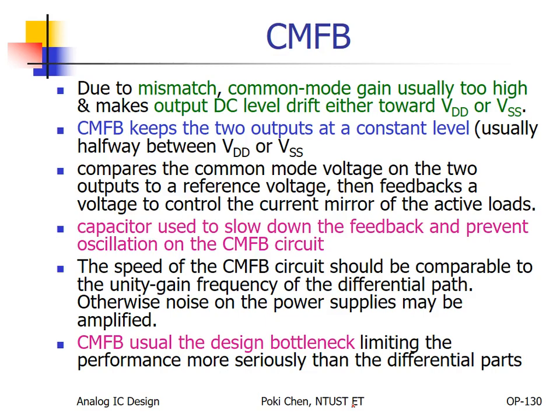All right. The major purpose again is to keep the common modes of your two outputs at a constant level. And I told you already, usually halfway between your VDD and VSS to maximize the output swing. When necessary, we will use a capacitor to stabilize the operation, to prevent oscillation, but it will also slow down the response.